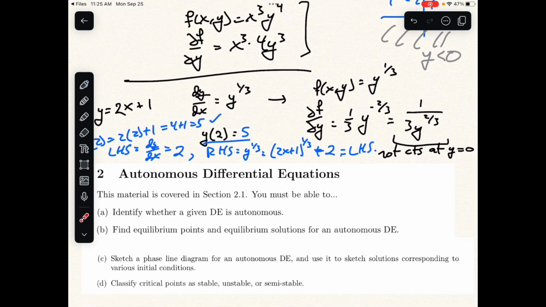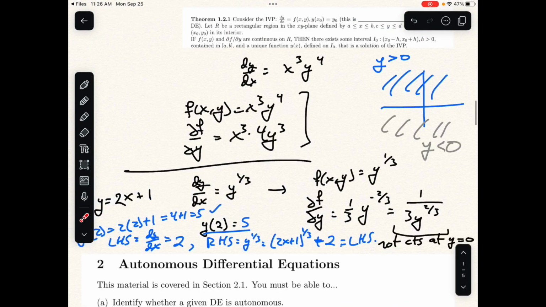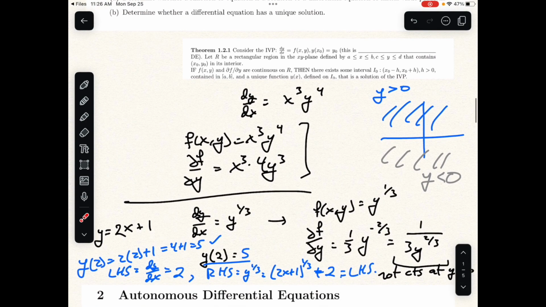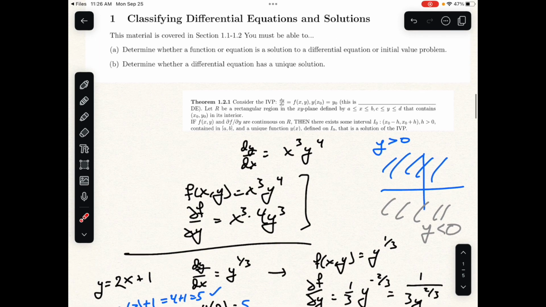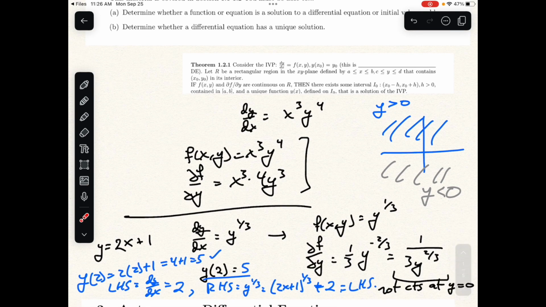Outcome 2 is autonomous DEs. Before I do that, I just want to say one common mistake that I saw people make in this one. When they're showing that something satisfies the initial condition, a lot of people tried plugging the point 2 comma 5 into the differential equation. You really don't want to do that.